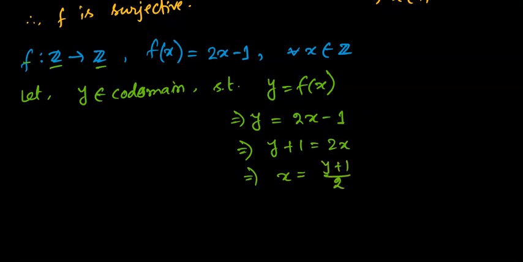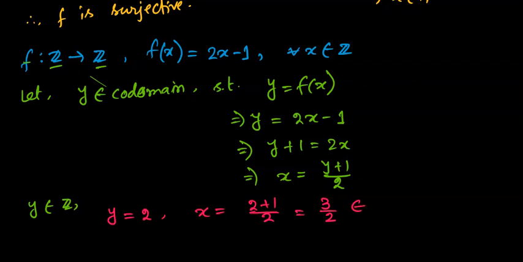Now we have to see whether for any y belongs to Z, we will always get x in Z. So suppose we take y equal to 2. Now whether you will get an x belongs to Z for y equal to 2, what is x? x equal to (2 plus 1) by 2. That means 3 by 2. But 3 by 2 doesn't belong to Z.